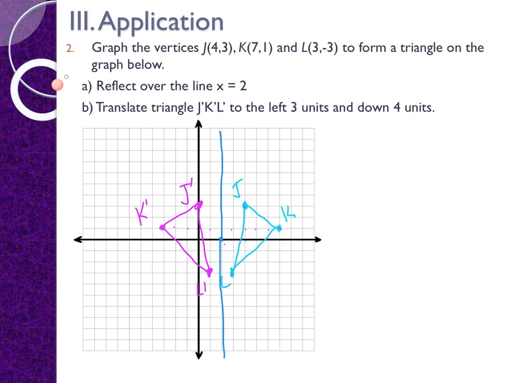We'll go to the left 3, 1, 2, 3, and then down 4, 1, 2, 3, 4. J over 3, 1, 2, 3, down 4, 1, 2, 3, 4. L, 1, 2, 3, down 4, 1, 2, 3, 4. So we reflected, and then we translated our image.